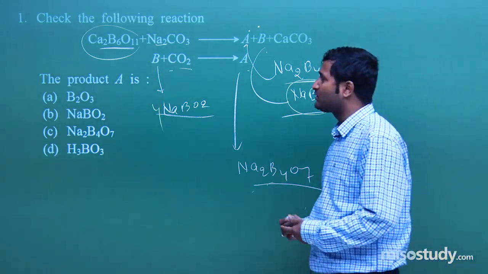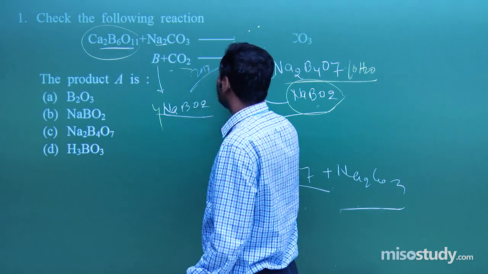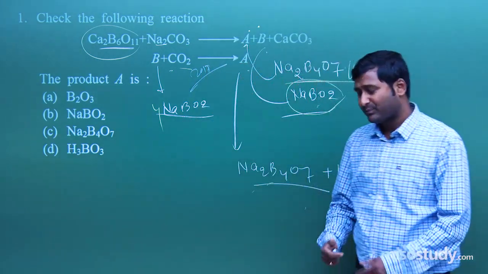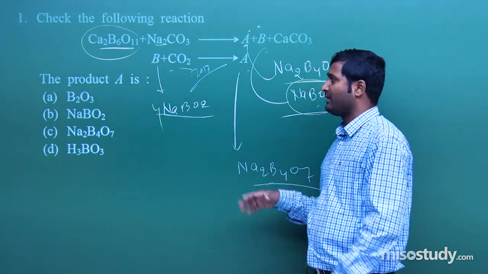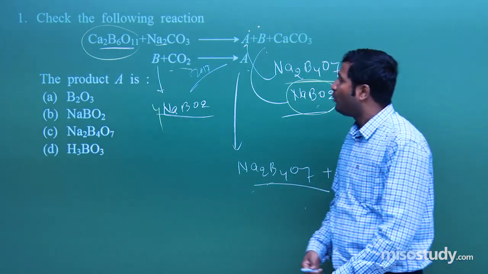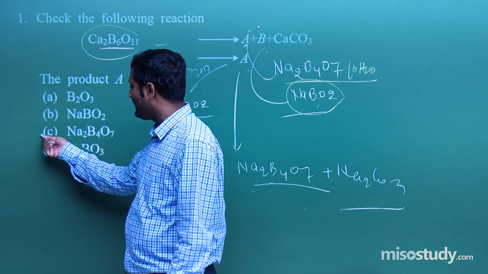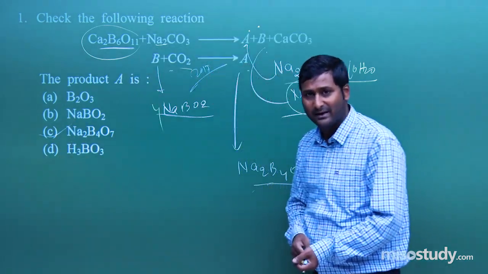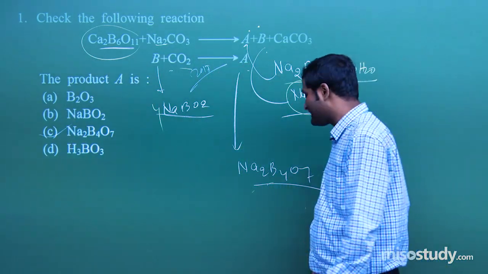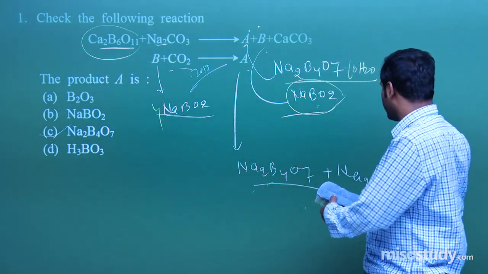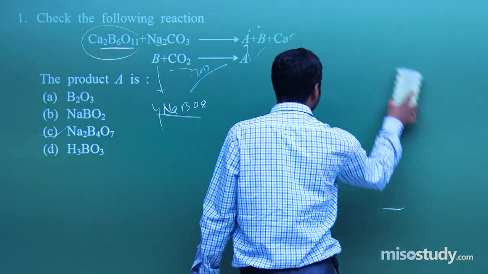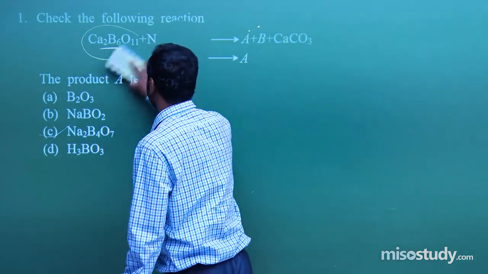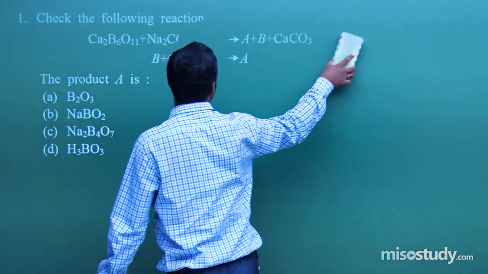This is one of the best questions for the 2019 JEE Advanced examination, because such questions are also asked by using paragraphs. So the product A in this case is Na2B4O7. As I told you earlier, this is inorganic chemistry, and in inorganic chemistry we have to focus on the reactions and build strong concepts.